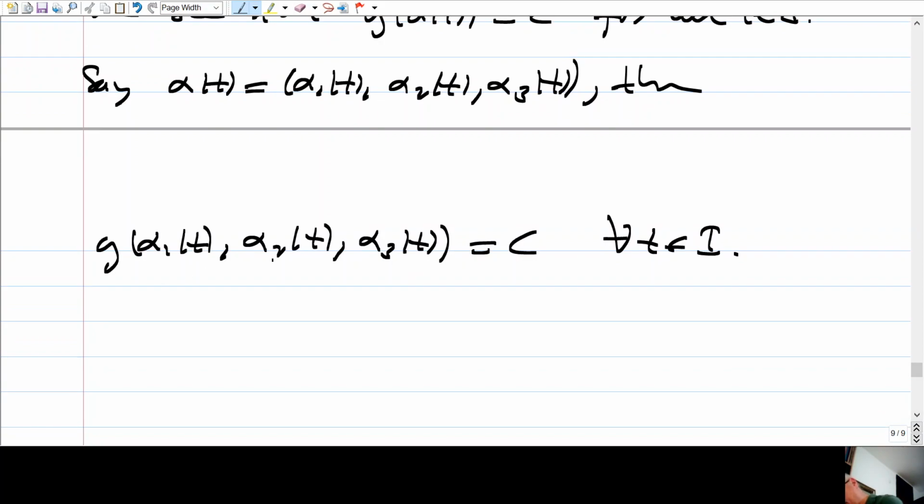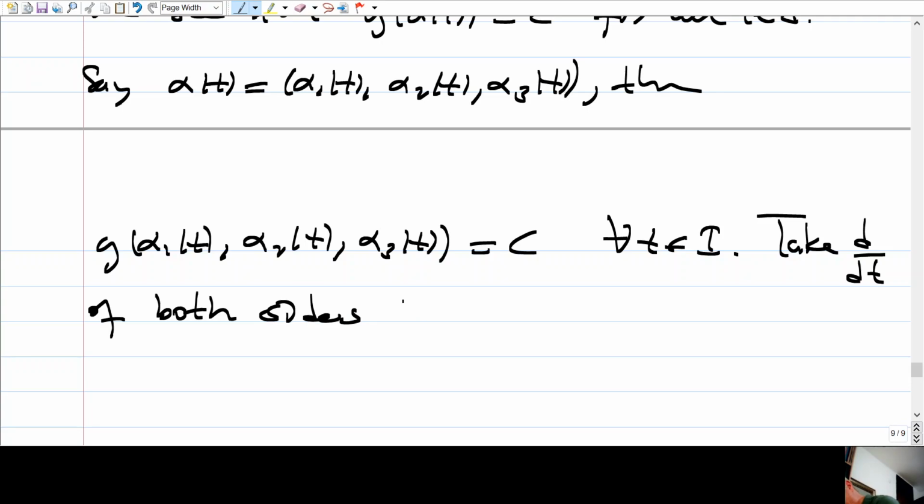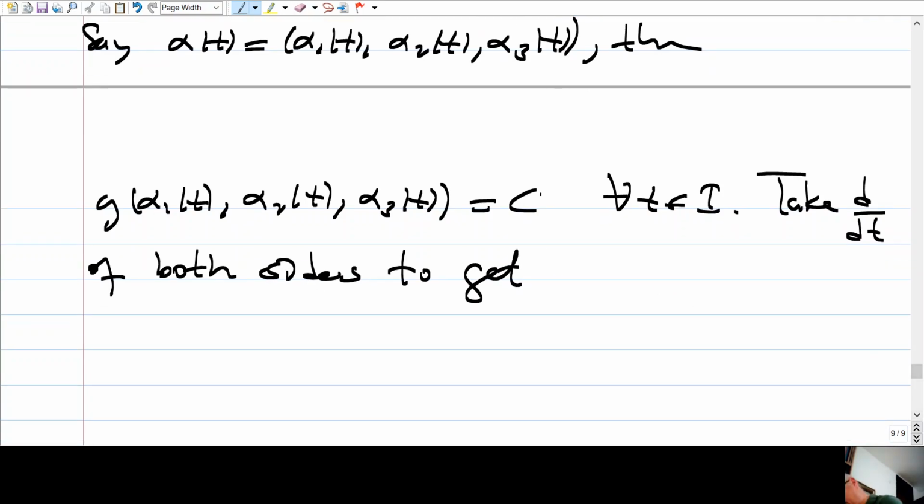Take the derivative, take d dt of both sides, to get, well, the t derivative of this is a constant real number, so it is 0. So I just take the t derivative of this. What is the t derivative of this?